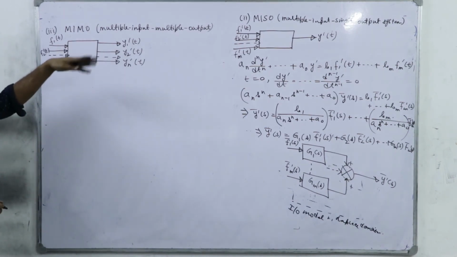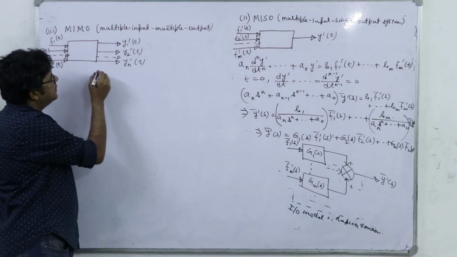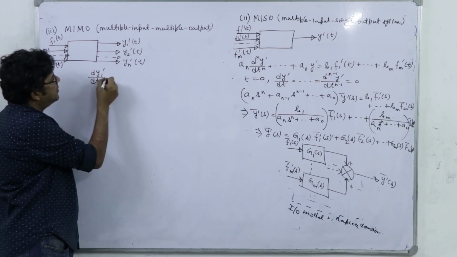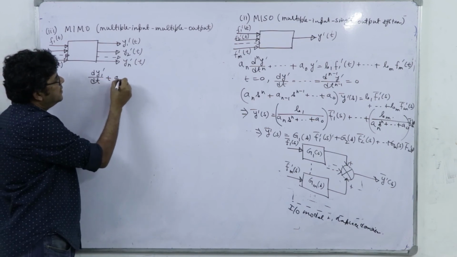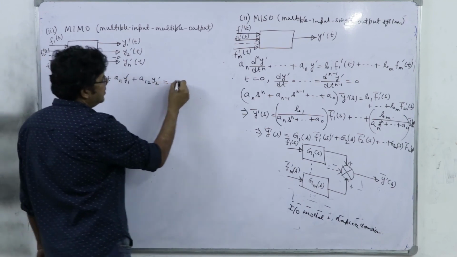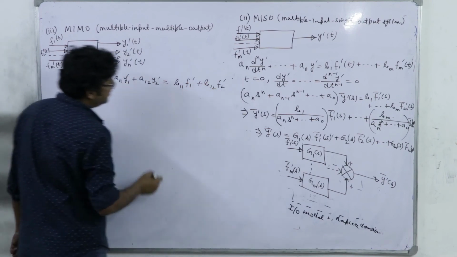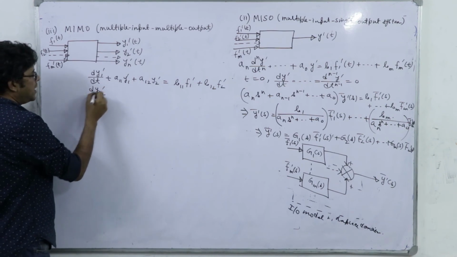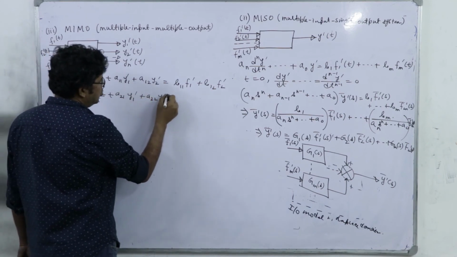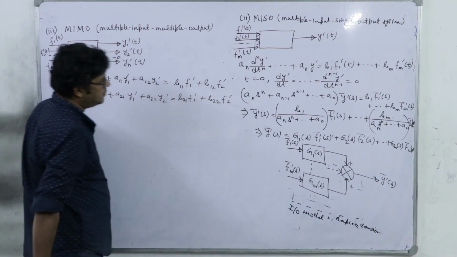Now let us not go for this nth order equation, it is pretty simple, we will explain it. Let us think that this is a typical first order system where dy1 prime dt plus a11 y1 prime plus a12 y2 prime equals b11 f1 prime plus b12 f2 prime, and dy2 prime dt plus a21 y1 prime plus a22 y2 prime equals b21 f1 prime plus b22 f2 prime.